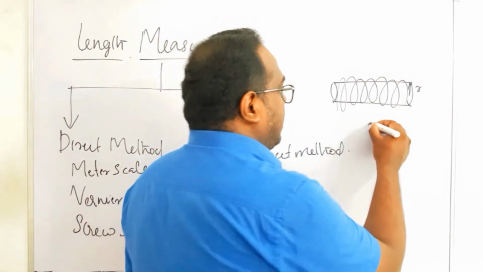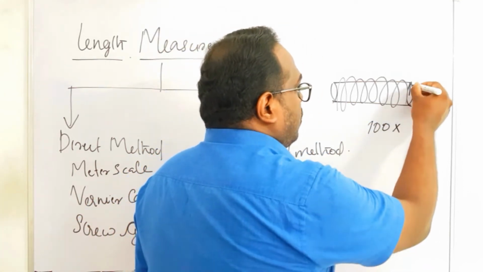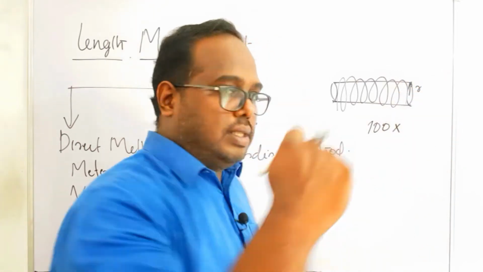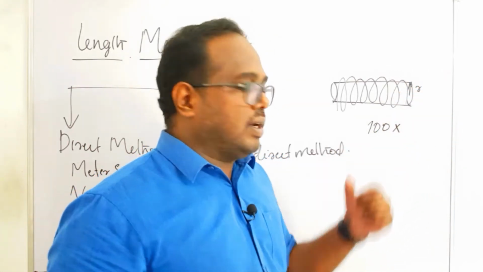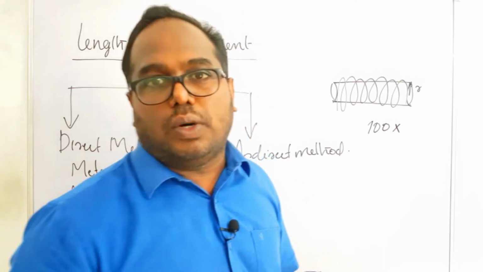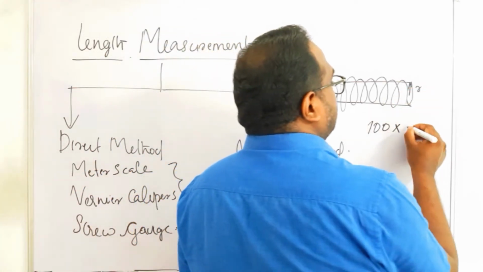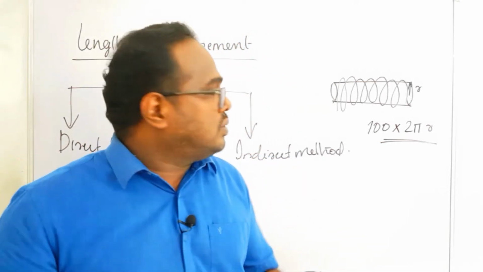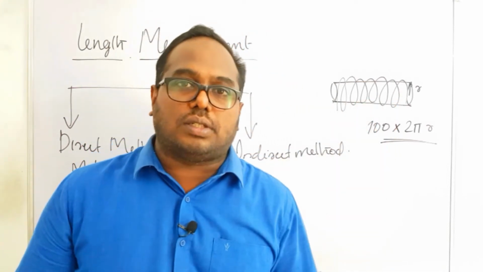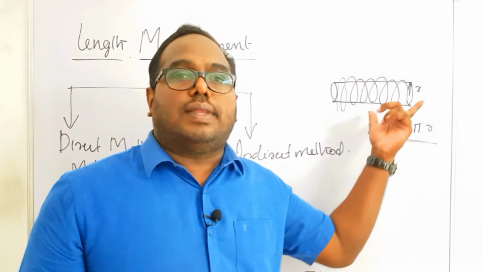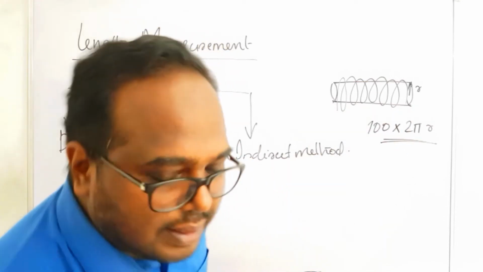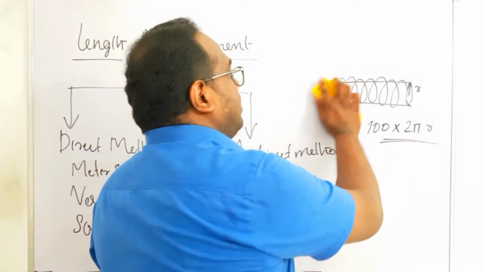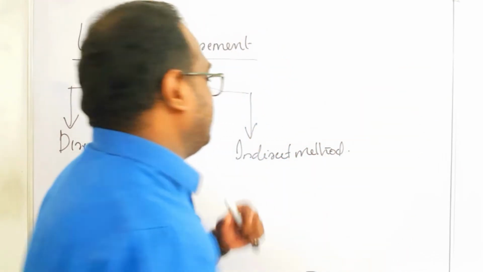If the number of turns is n, say 100 turns are there, and if you know the radius, the circumference into number of turns will give you the length of that thread. So suppose 2 pi r is the circumference, because you are using your logic and the mathematical calculation to find the length of that thread. Such methods are indirect methods.